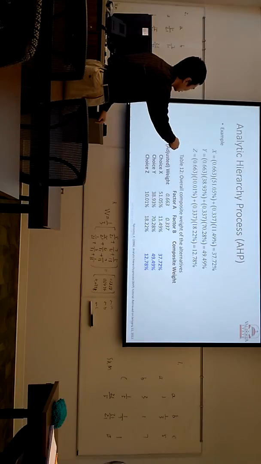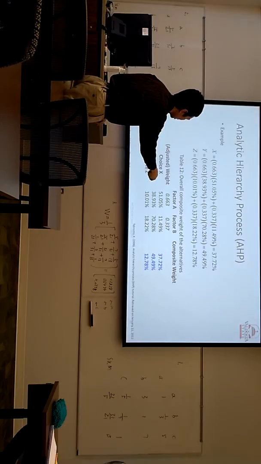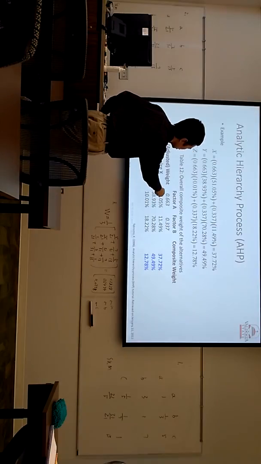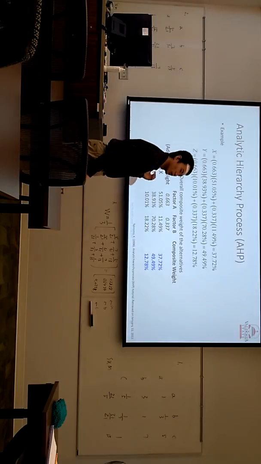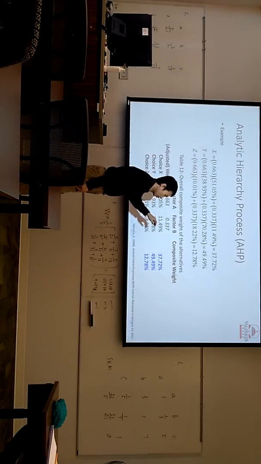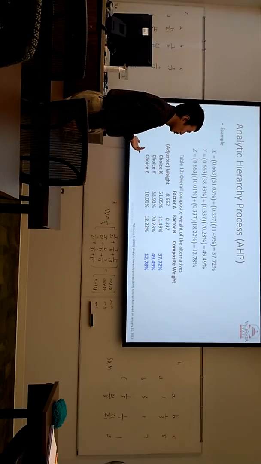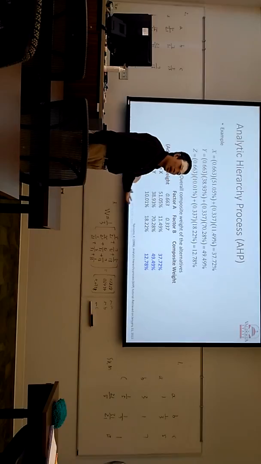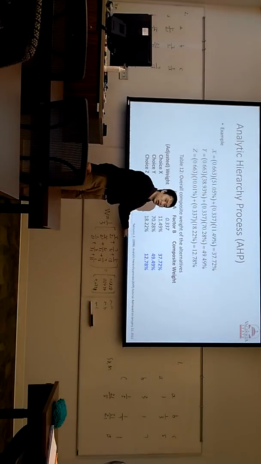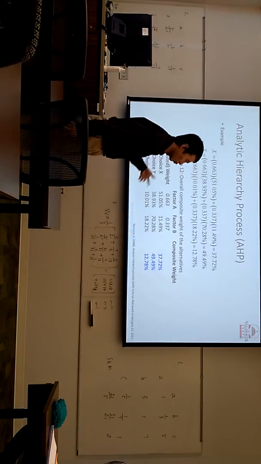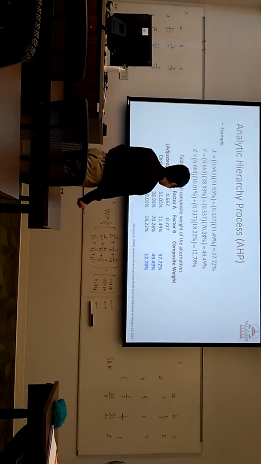We do the calculation and find out choice X is 0.37 and choice Y is nearly half. So the second alternative is the best among the three. Now we know it's better to choose the second one. This is a simple example. That's how we utilize the AHP. This is a very basic AHP.